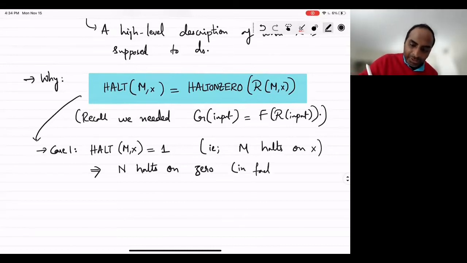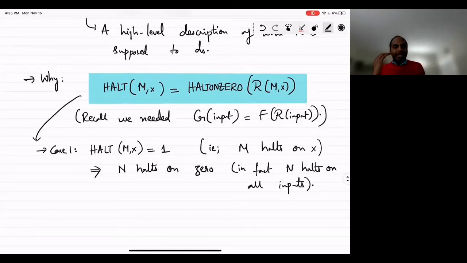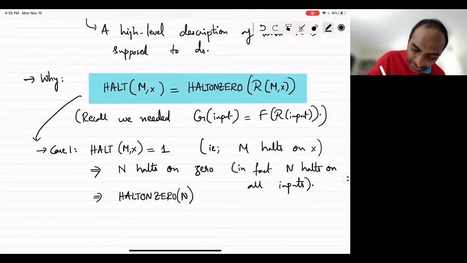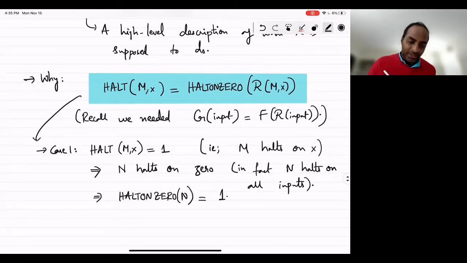In fact, N halts on all inputs. So if you think of N as a program, it's a program which will halt on 0. That is, halt on 0 of N equals 1 as well.